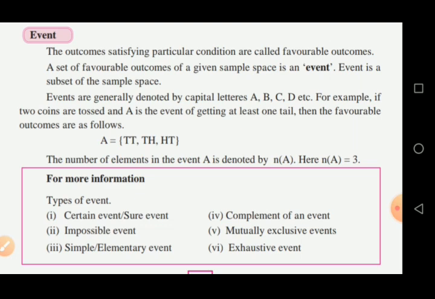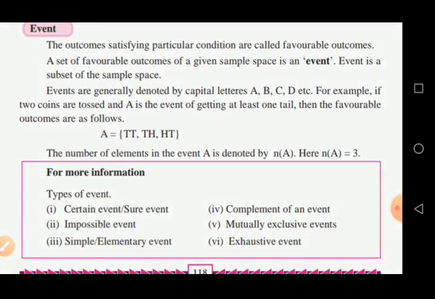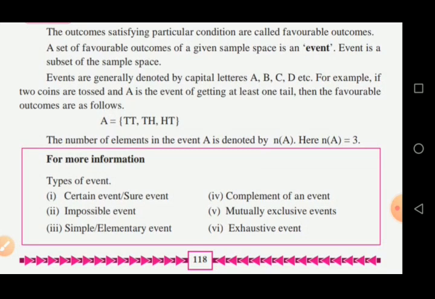At least one should be there. That's why TT is applicable. TH, one tail is there. HT, one tail is there. At least one tail is necessary. The number of elements in the event A is denoted by n(A) = 3.